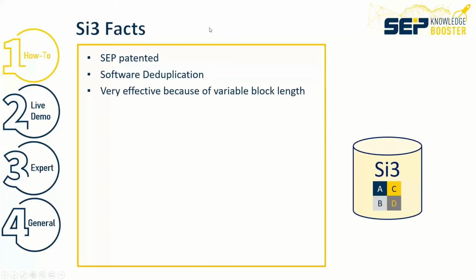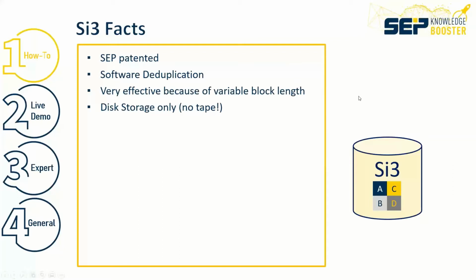It's very effective because of the variable block length, which means that we can always adapt the block length to have the most effective match of blocks with already saved blocks in the dedup store. This all works for disk storage only, of course, not from tape. That's very important.